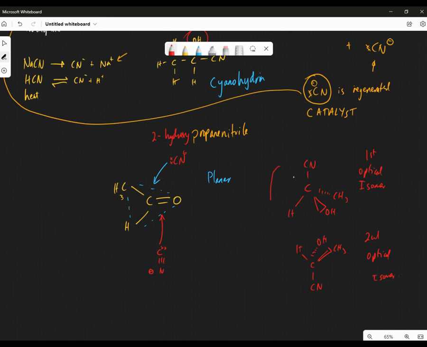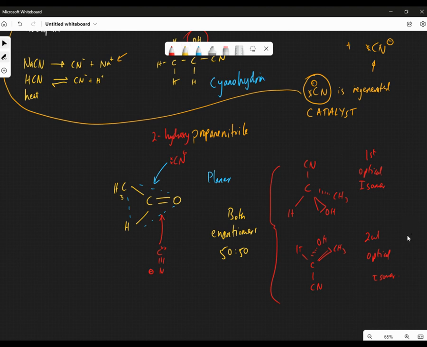Okay, so you'll get a mixture of both optical isomers, or, I don't know if you remember this term, but these are known as enantiomers. You get both enantiomers. What ratio will you get them in? Well, it's just as likely to attack from the top as the bottom, so you actually get a 50-50 mixture of optical isomers. Okay, there you go. So that's that.